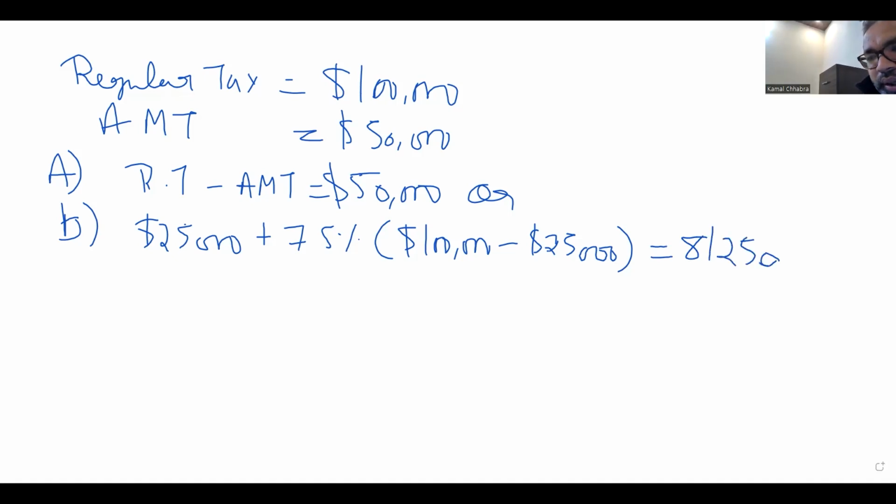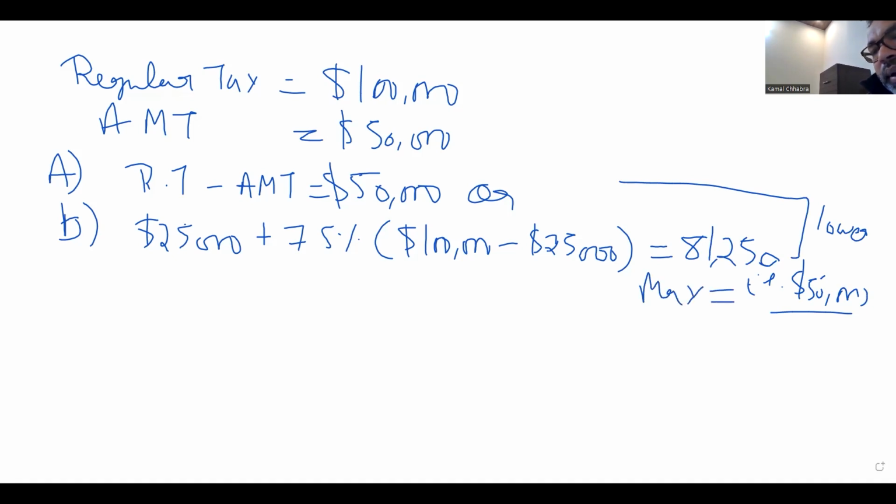Have I done the math right? Yes. So whichever is lower, that is 50,000. So the maximum tax credit for general business is 50,000. That is the first point which we understood.